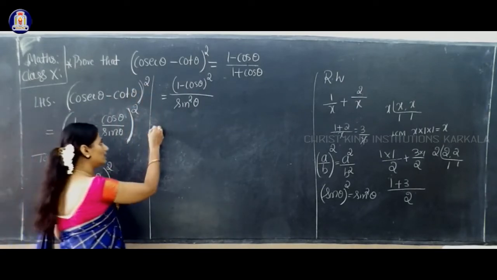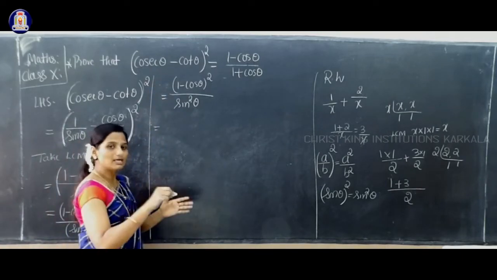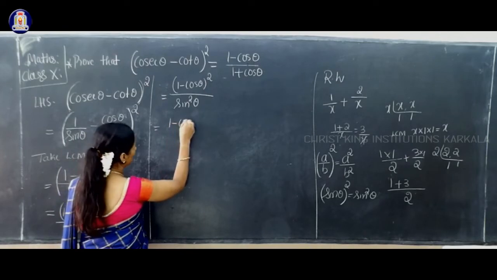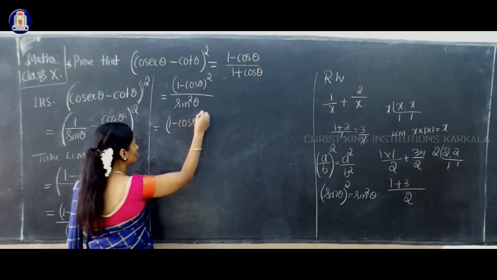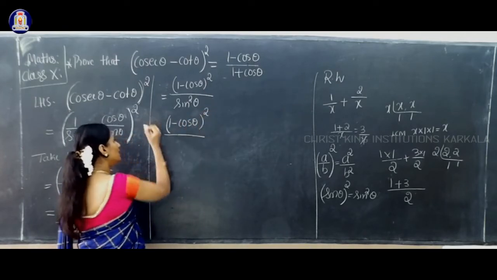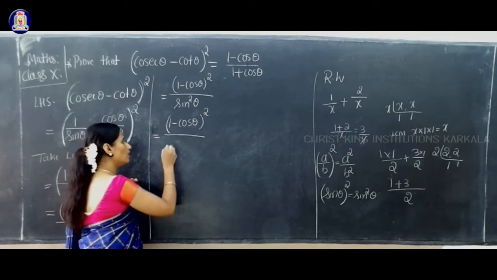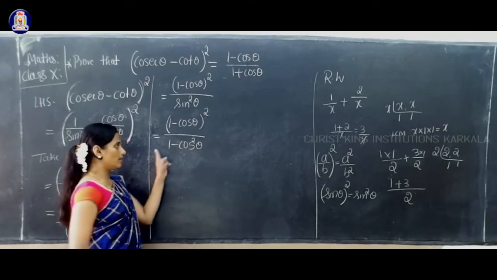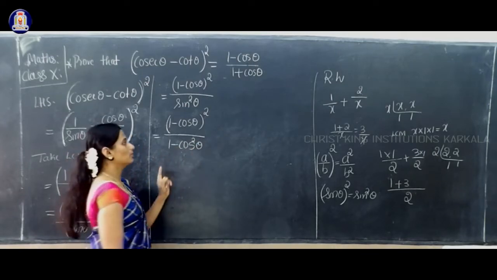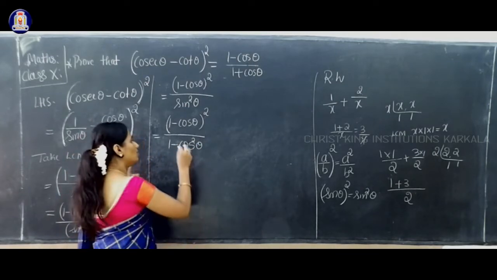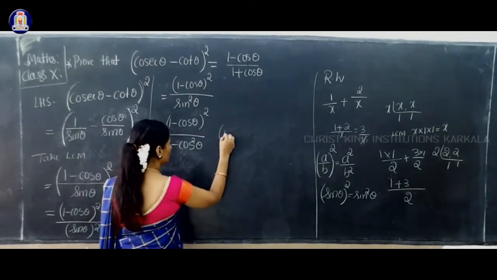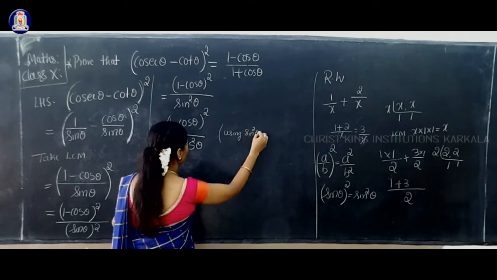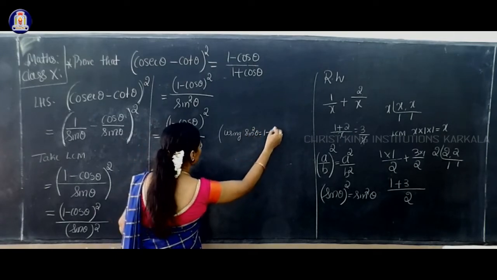We have the identity: sin square theta is equal to 1 minus cos square theta. Is it right? Sin square theta is equal to 1 minus cos square theta.